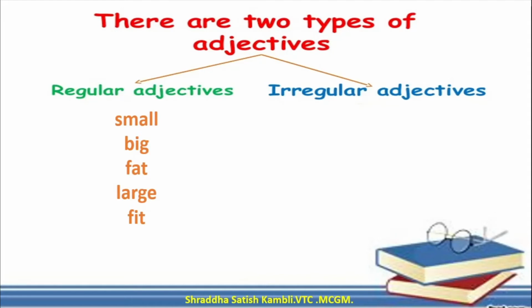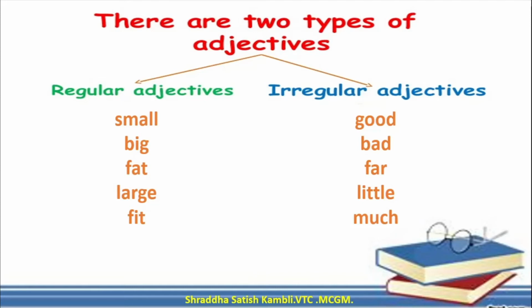But there are some adjectives which are irregular adjectives. For example, good, bad, far, little, much. Now why is good an irregular adjective? Because just like small becomes smaller and smallest, good doesn't become gooder and goodest.